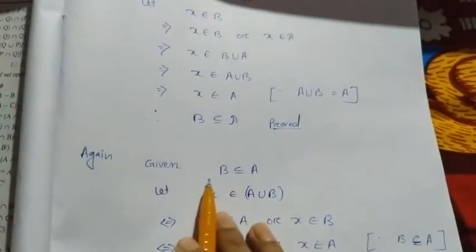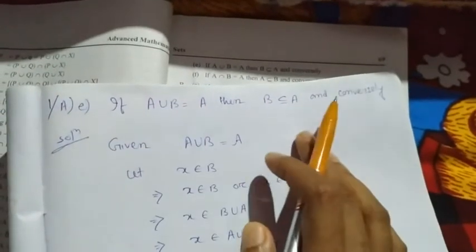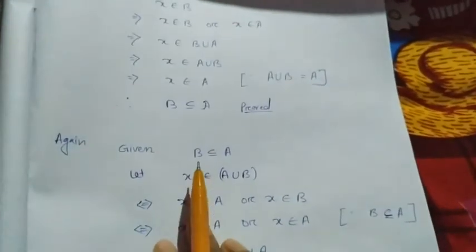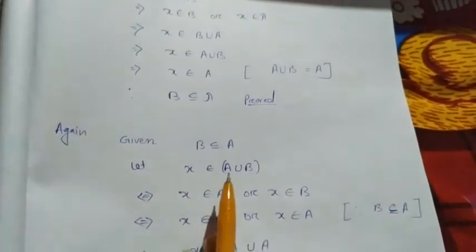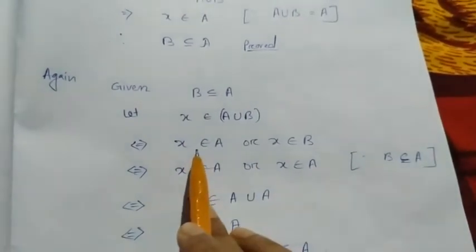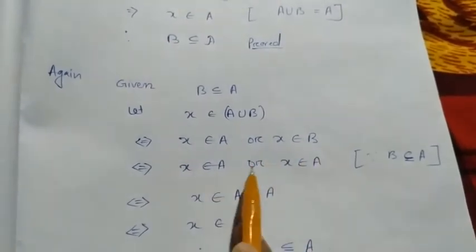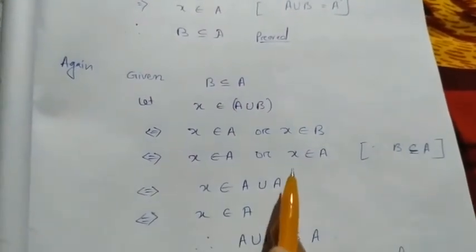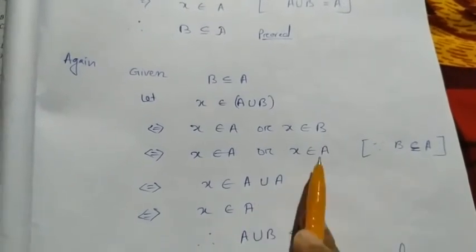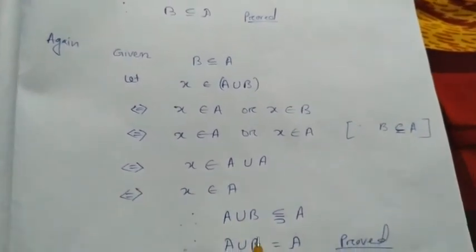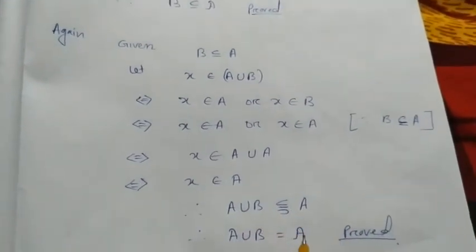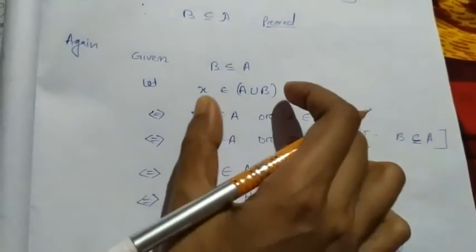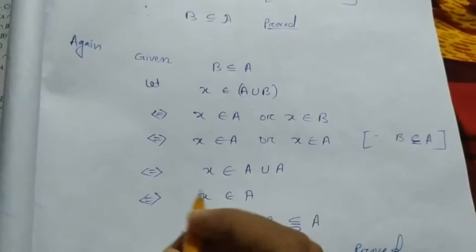Again, now you have to prove the converse: given B is a subset of A, prove A union B equals A. Now let x belong to A union B. This means x belongs to A or x belongs to B. Since B is a subset of A, I can write x belongs to A or x belongs to A, so x belongs to A union A, that means x belongs to A. So I can write A union B equals A. Now remember this sign is not merely implies, because if I start from here I can get this, and if I start from there I can get this, so the inverse is also true.